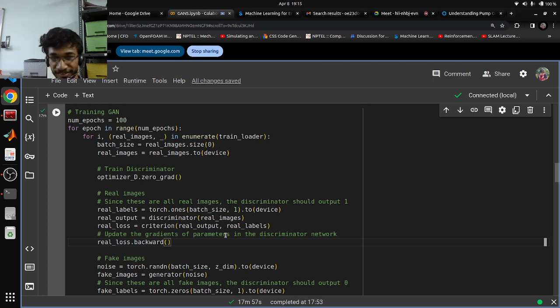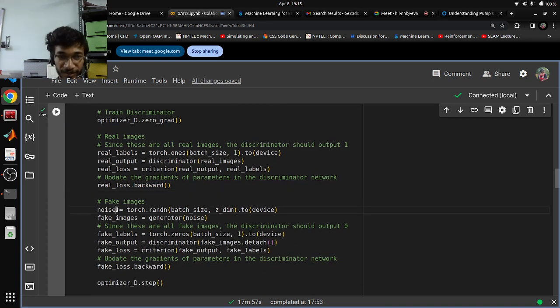So with this I'm going to update the discriminator's parameters. Let's say there is some parameter A, I'm updating the gradient of that parameter with this.